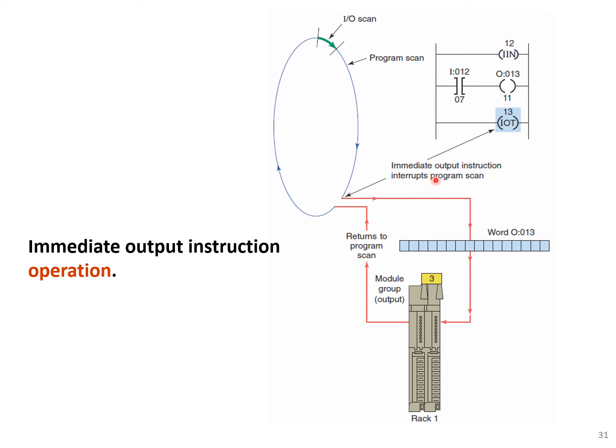Based on the program so far, it sends the value of this output to the output module and updates this specific output 13, and then we go back to the program because we're in the middle of it. We continue reading the program, and at the end it will also update the outputs. So we do the normal scanning, but we have an interruption here.